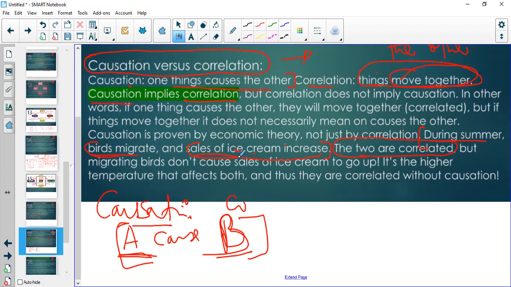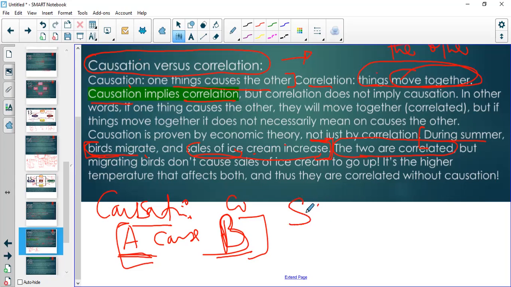Correlation means things move together. It might be that those two respond to something. Both of them respond to something.